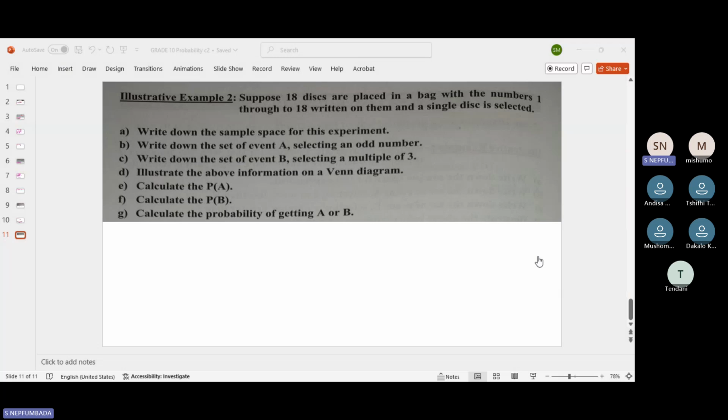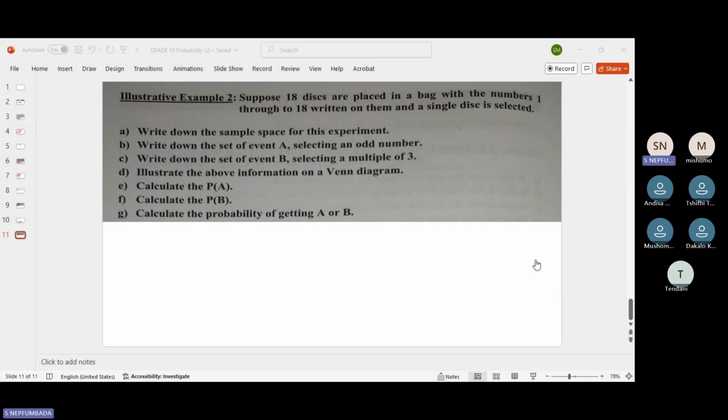What did we say the probability of A and B equals in an independent event? On an independent event, the probability of A and B is equal to what?